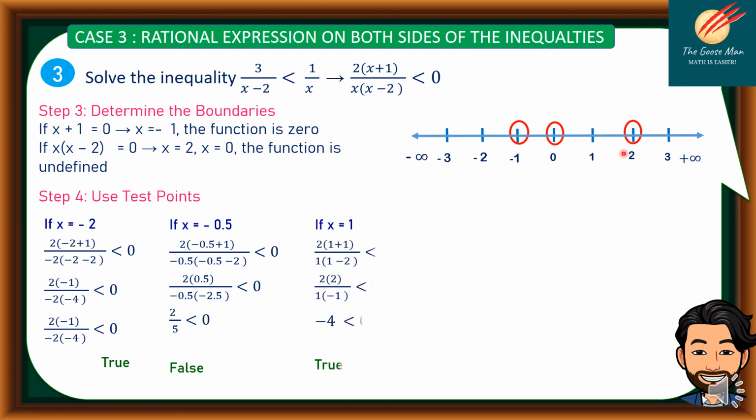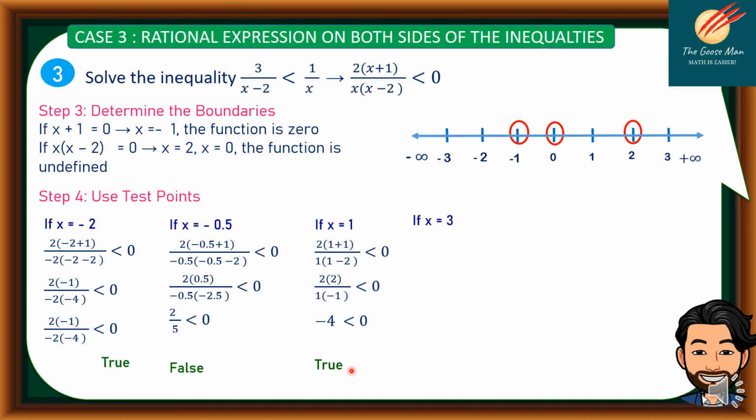If x is equal to 1, look at this one. So we have 2 times, okay, simply substitute the value of x equal to 1. I found out that this inequality, negative 4 is less than 0 if x is equal to 1, which is true.